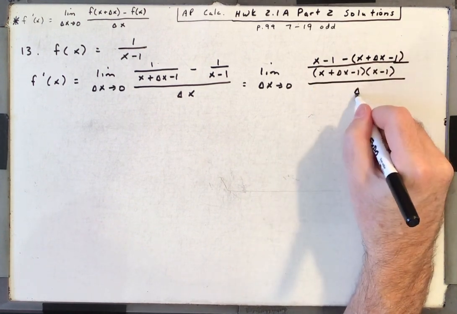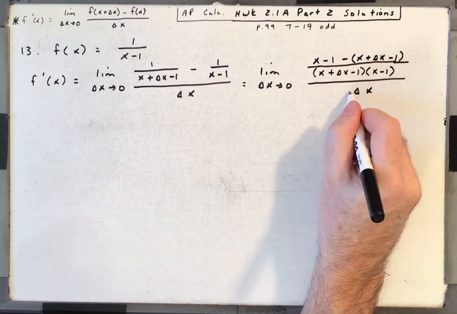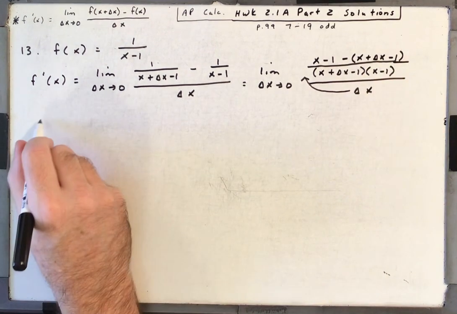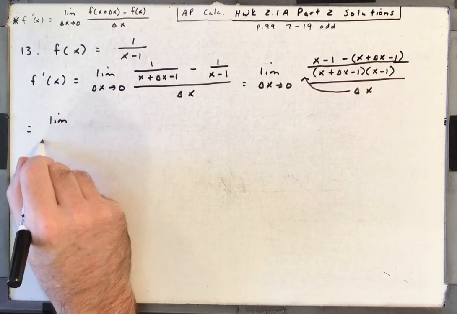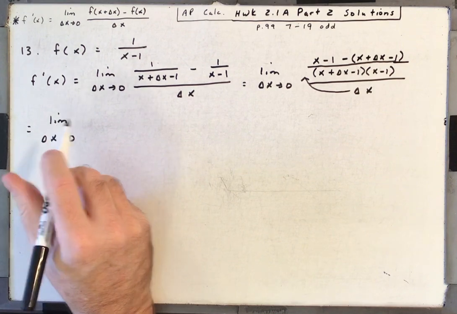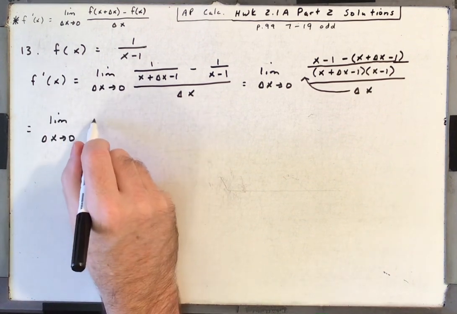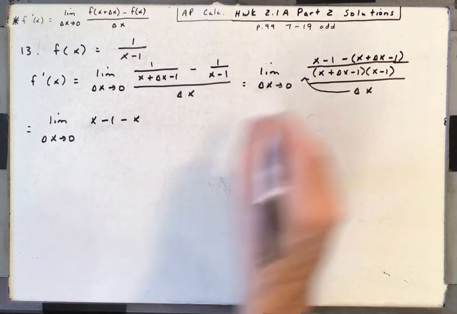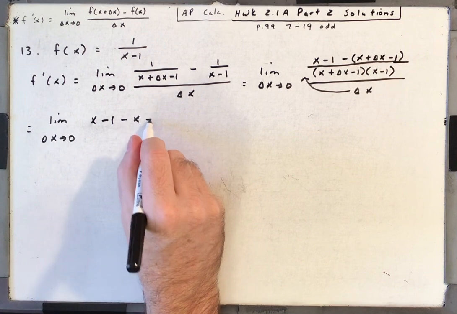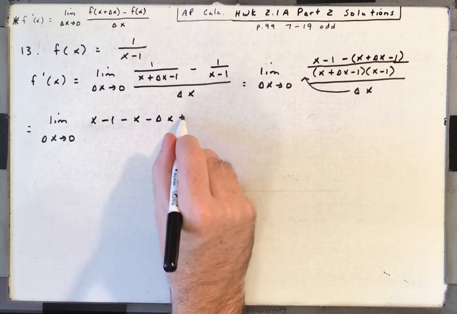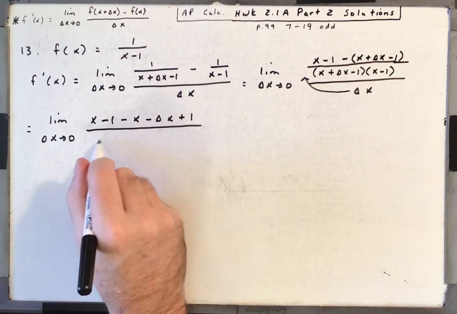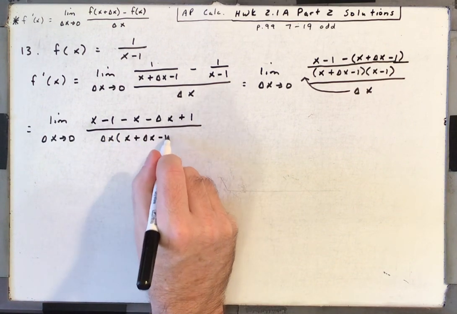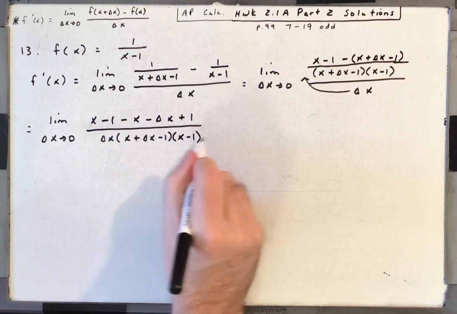All over delta x. Now I can move this up a level, that delta x, and I'm going to clean up the numerator. So I've got x in the numerator, x minus 1 minus x, I'm distributing this negative sign, minus delta x plus 1 over delta x times x plus delta x minus 1 times x minus 1.